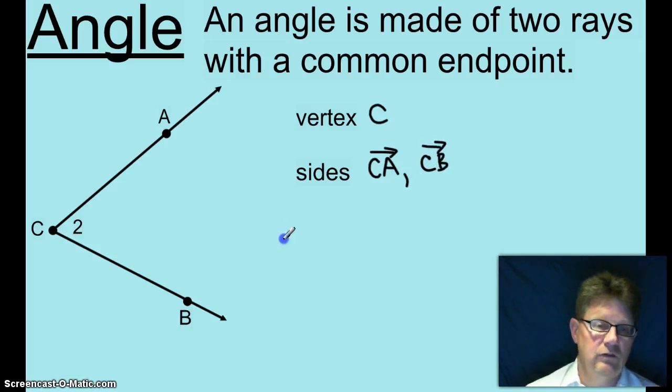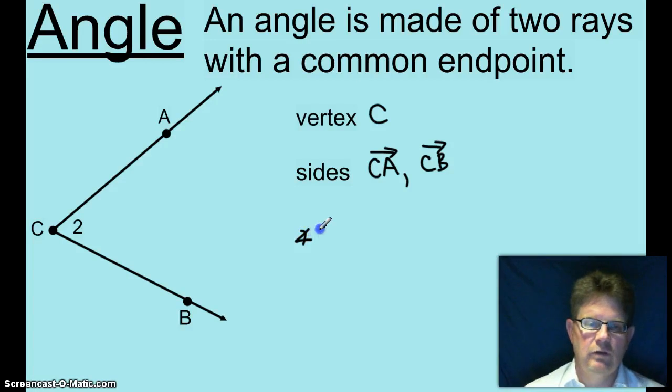Now, when somebody asks you to name an angle, you can name it by its vertex. In the book, the angle symbol kind of looks like a less than. So when I write the angle symbol, I put a little arc in it to let you know that it's not a less than symbol, it's an angle symbol.